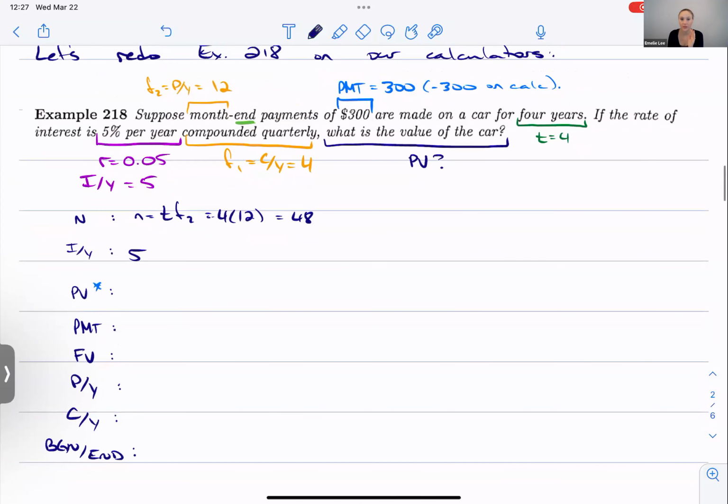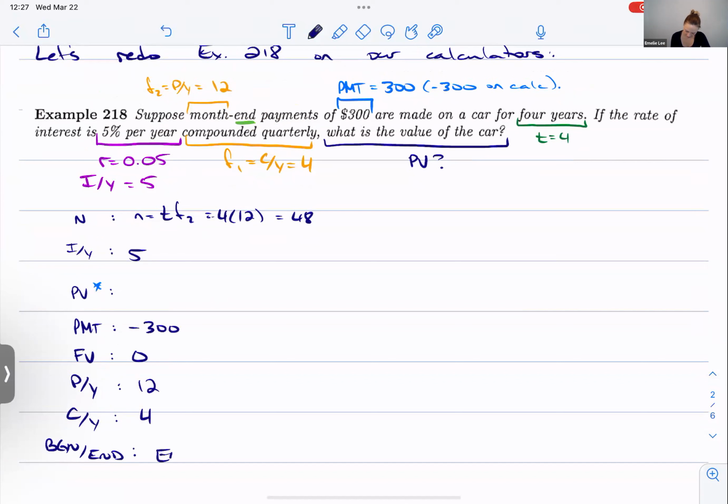The payment amount, so this is where it's important that we have the negative 300. Like we said, once it's all paid off, the future value should be 0. The future value of the loan, once it's paid off after 4 years, we're forcing it to be 0. The payments per year is 12, and the compoundings per year is 4.